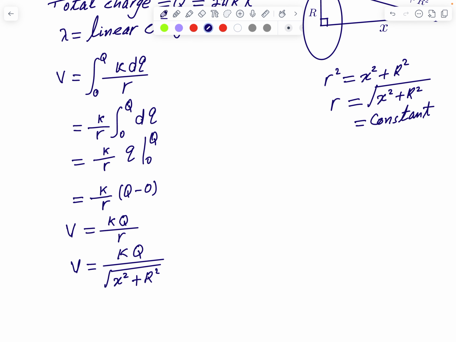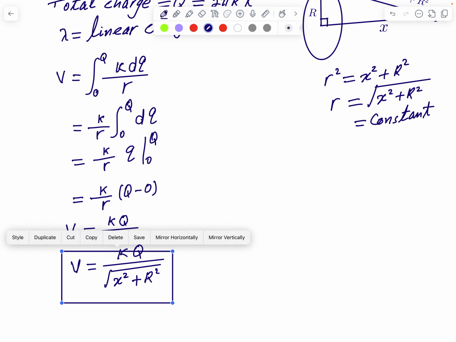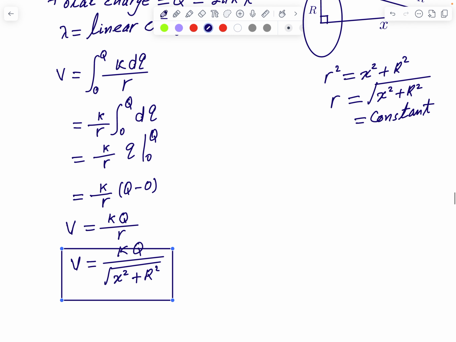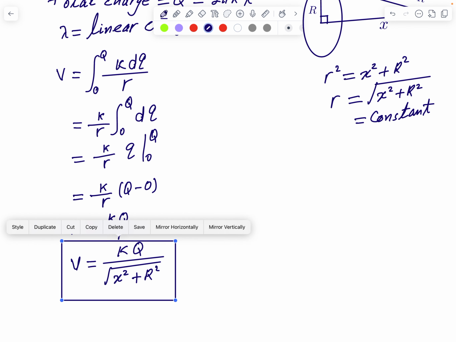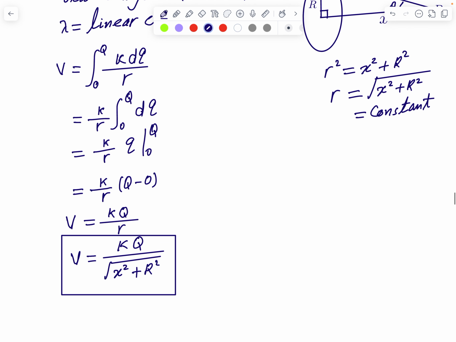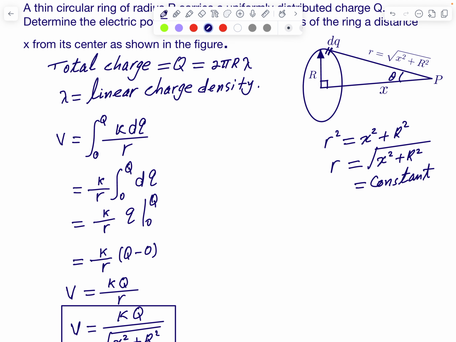And this is our V. Let's box this one. And then we can also solve it in another way.